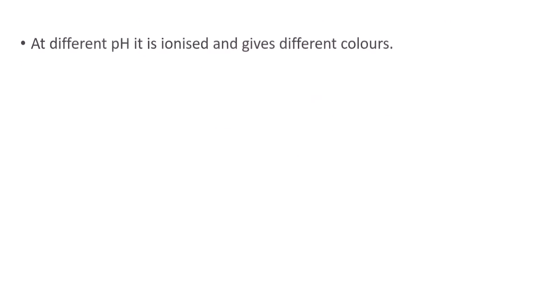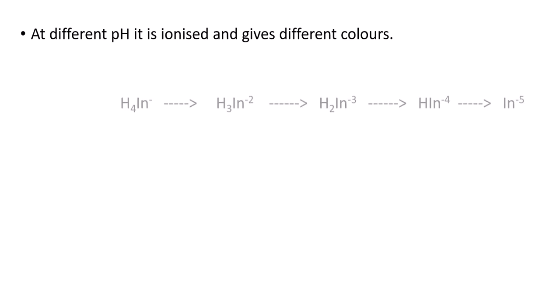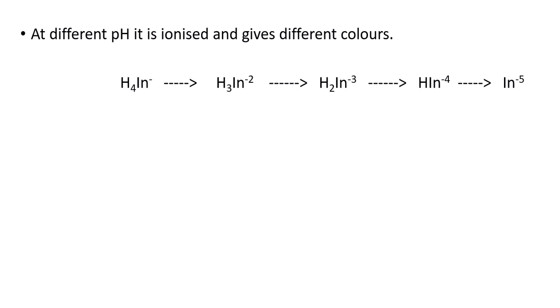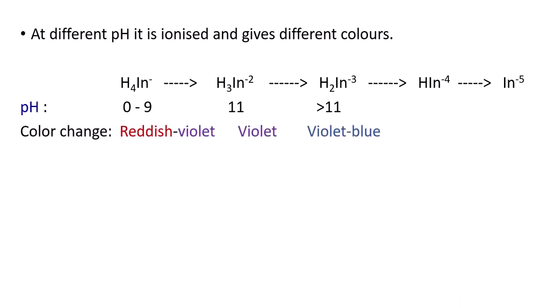So its ionization happens at different pH: H4In- giving H+ and H3In-2. It ionizes giving again H+ and H2In-3. Further it gives H+ and HIn-4, and finally it gives In-5 plus H+. The color change is seen between the pH range of 0, 9 to 11, then more than 11.